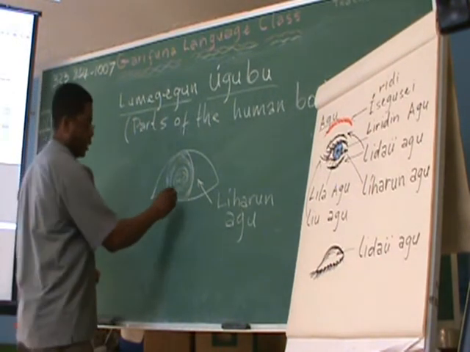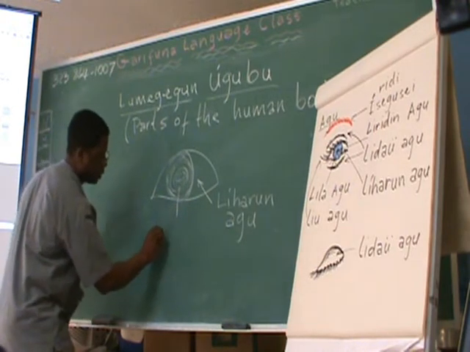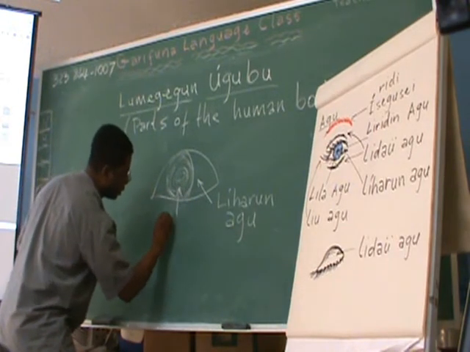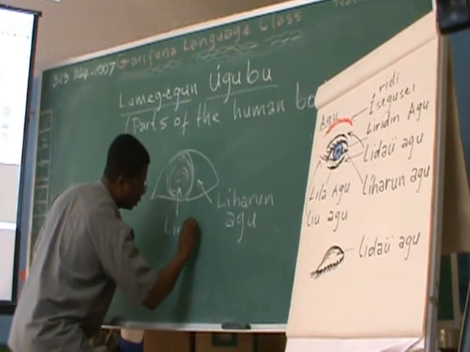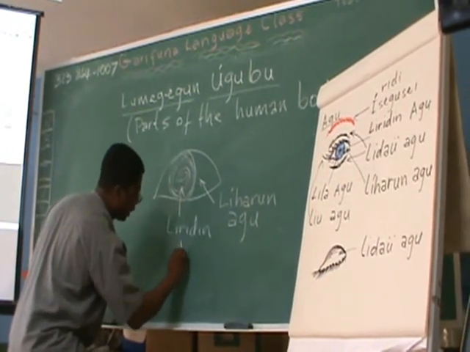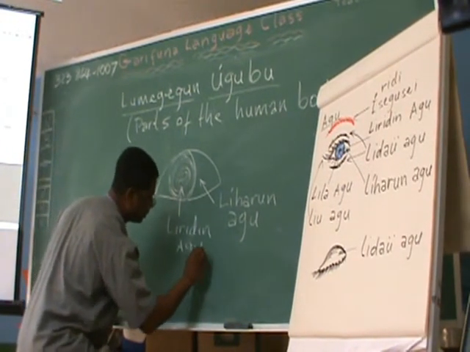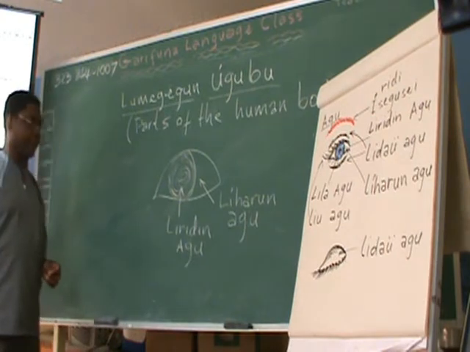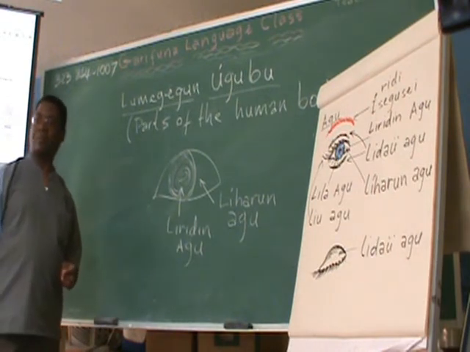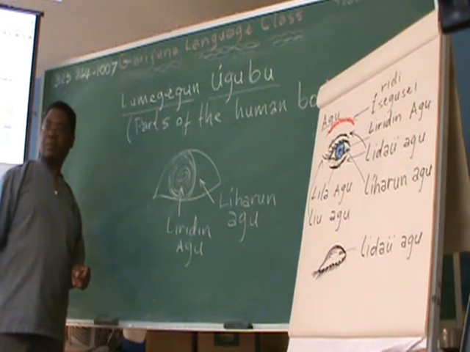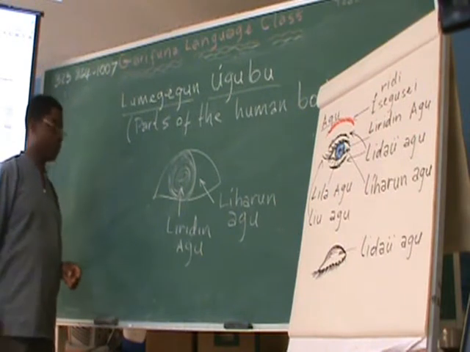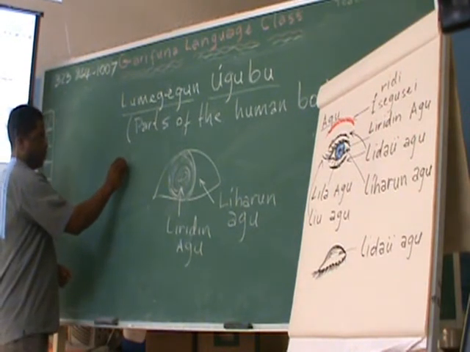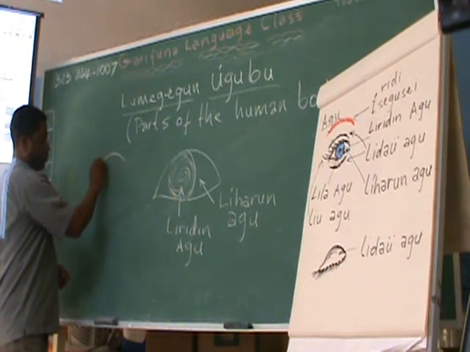The center of it, this lila. Ruben, Liridiagu. You're confusing us because the part that you shade is the iris, lila avo. The center, that little piece in the center is the pupil.